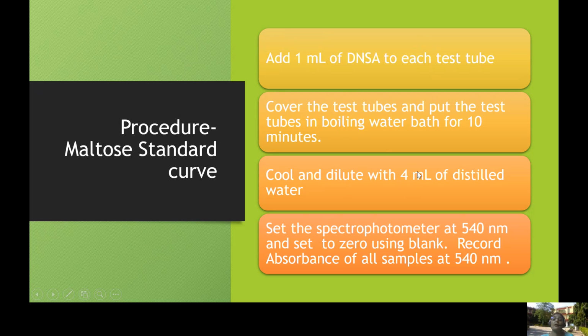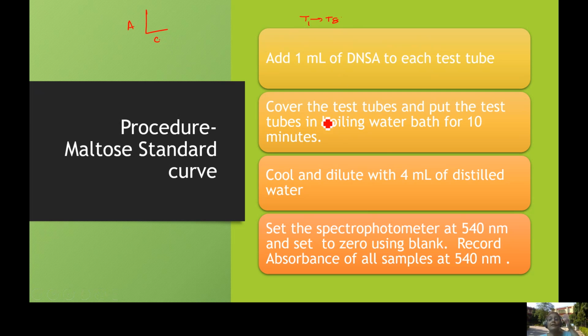With this diluted solution, you use the blank to set your instrument to 0, and after doing that you note the absorbance for T1 to T8, and using those absorbance values you plot the A versus C curve.